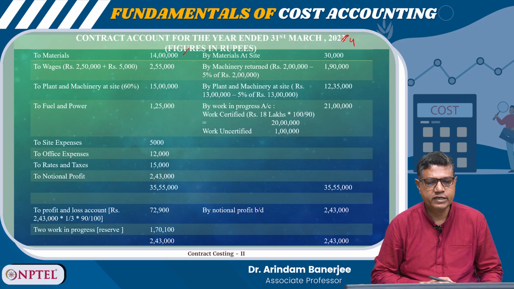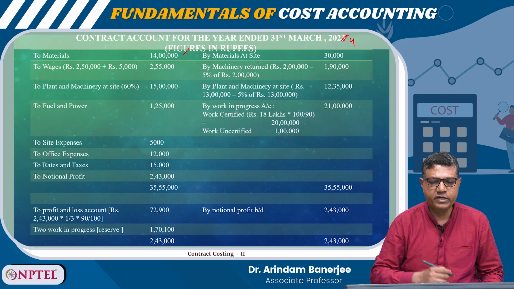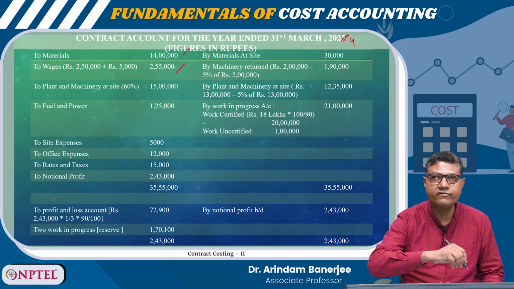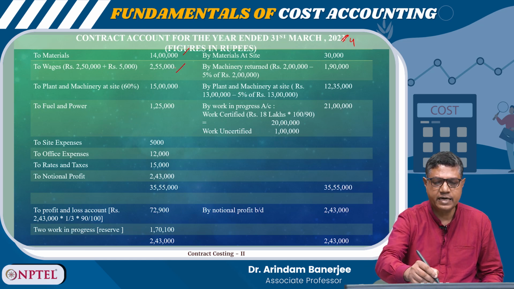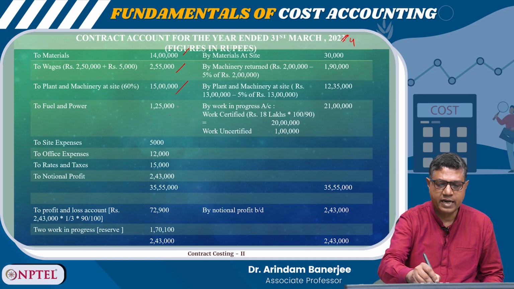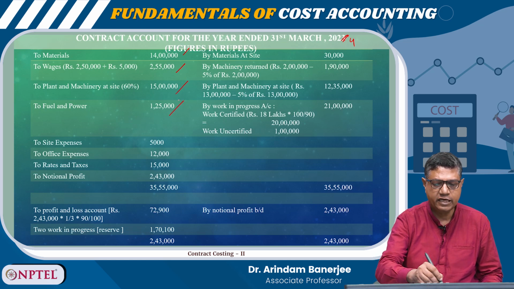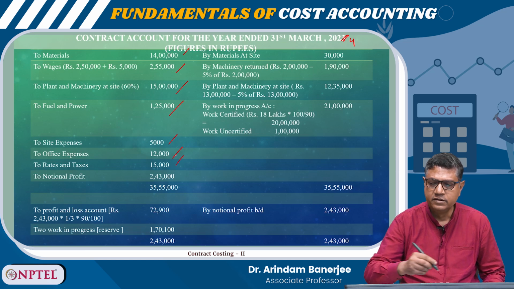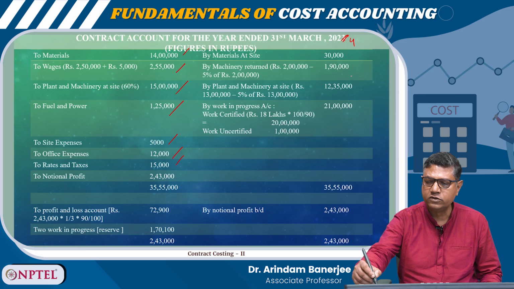To wages, it is 2 lakh 50,000 plus 5,000, 2 lakh 55,000. Plant and machinery at site 60%, it is 15 lakh. Fuel and power 1 lakh 25,000. Site expenses 5,000. Office expenses 12,000. Rates and taxes 15,000.